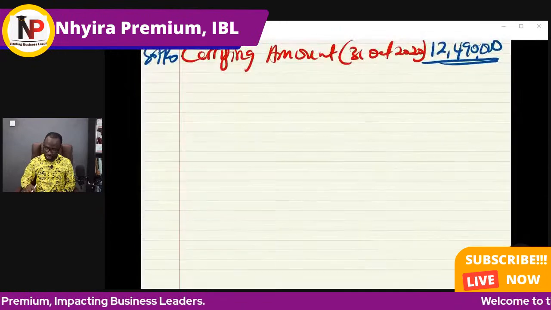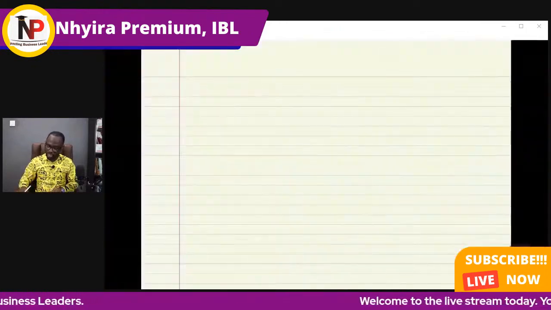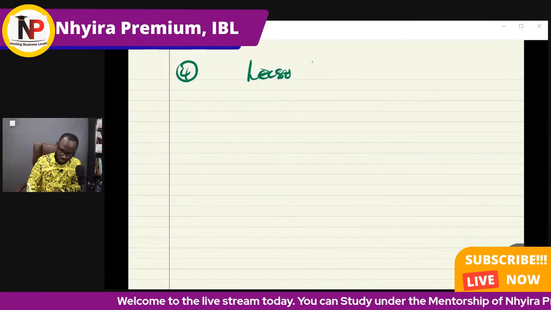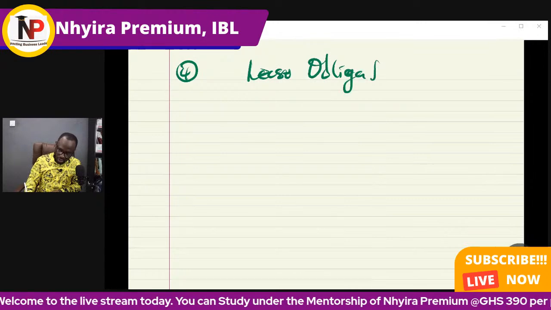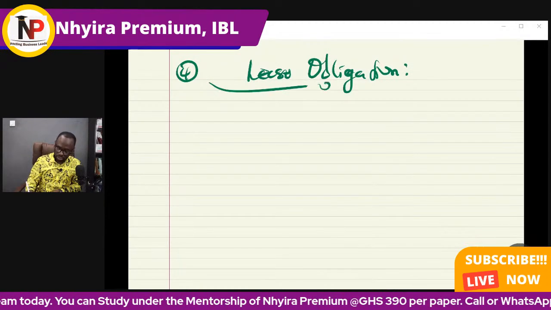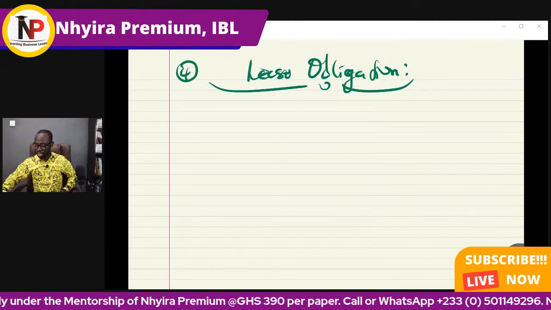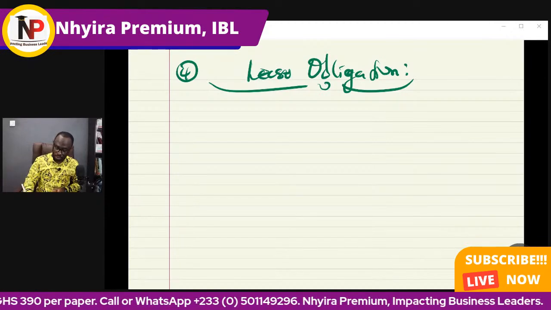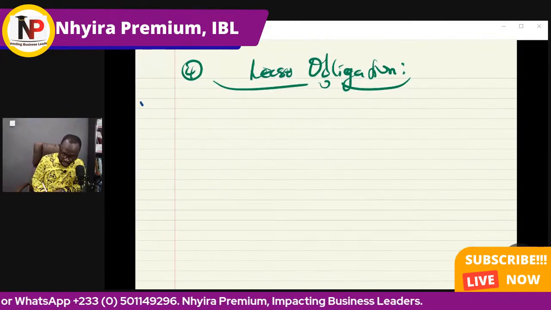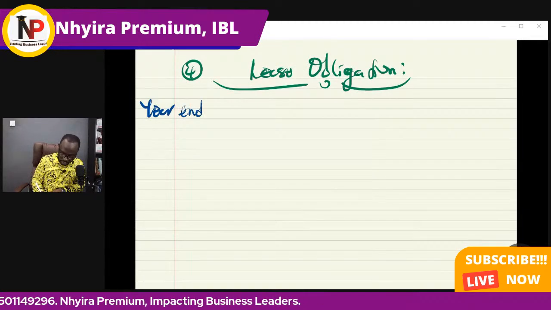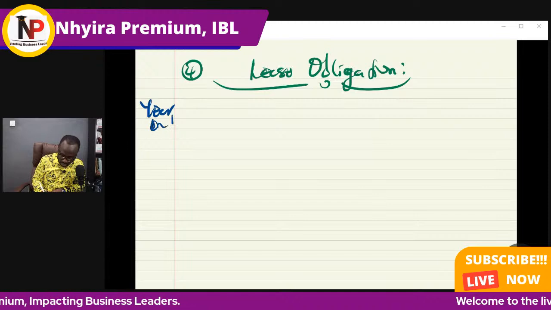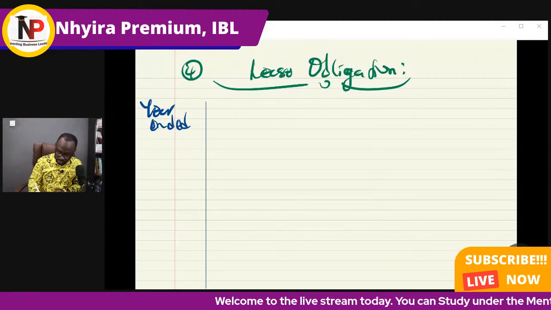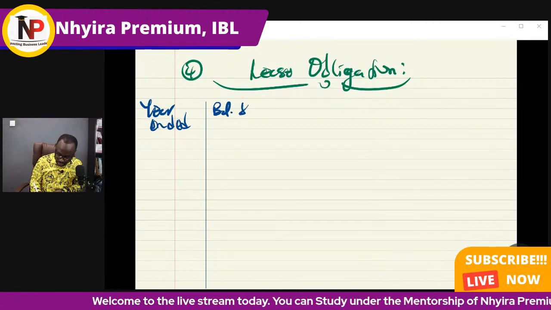So we go to workings 4. That will be the lease liability being carried at amortized cost. So the lease obligation, we are preparing the amortized cost schedule. So we bring the year ended up. Let's rule our line. Bring the balance brought forward.